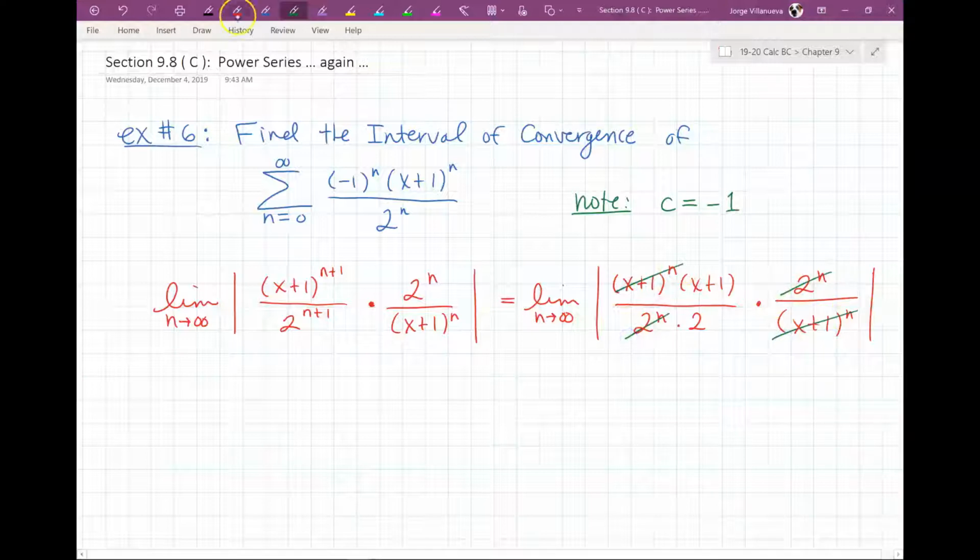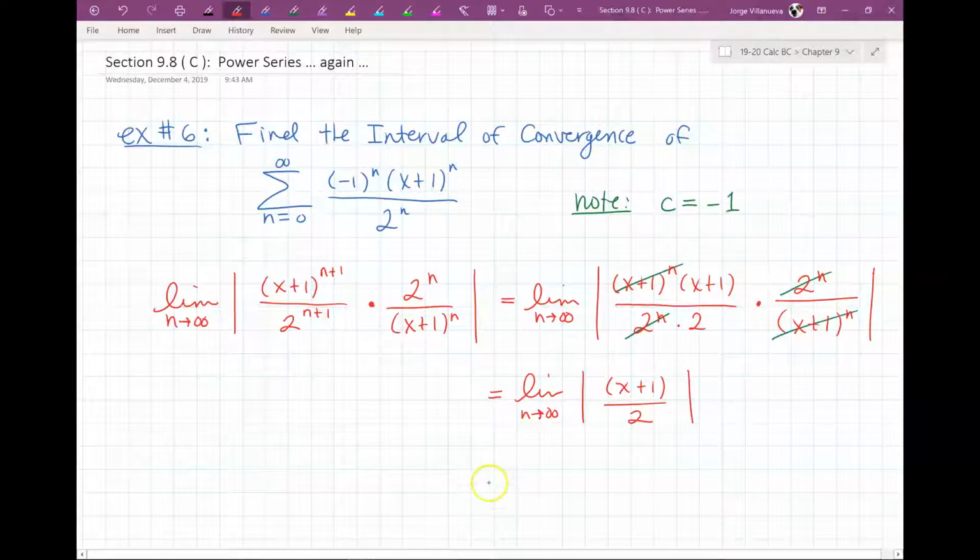So what I'm left with is a limit as n approaches infinity of, remember, I like to write my x terms by themselves, so this will be x plus 1 over 2. And notice that all of my n terms are gone. Okay, they all got canceled out.